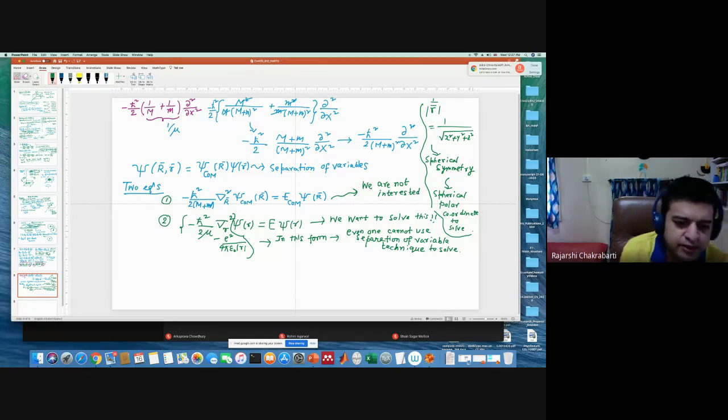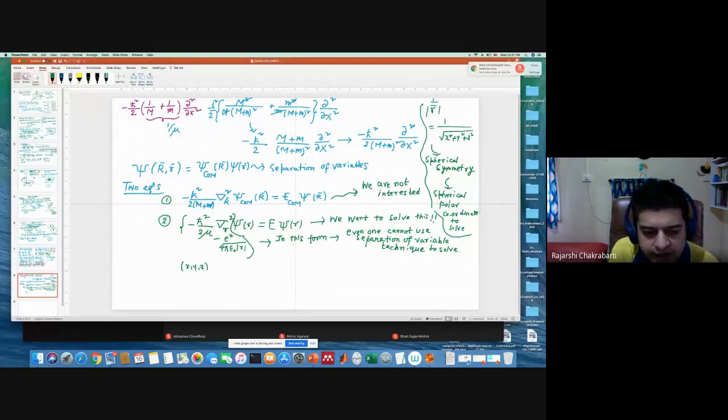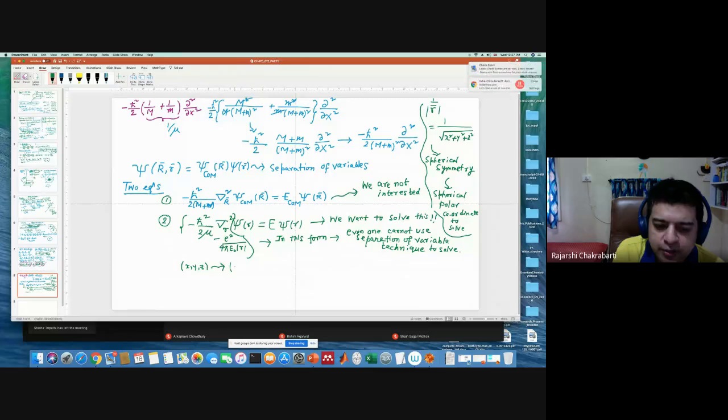So what I'm going to do, which I'll do in the next class, is go from this x, y, z, these are the relative coordinates, which I could have called x r, y r, z r, but I'm calling it x, y, z, to a coordinate system given by three variables: r, the radial coordinate, and two angular variables theta and phi. This is called spherical polar coordinates.